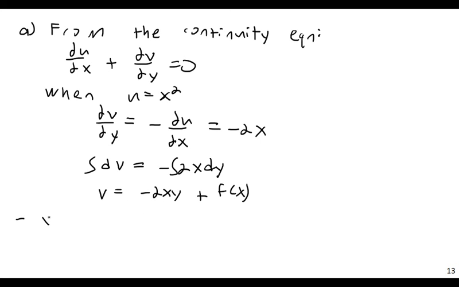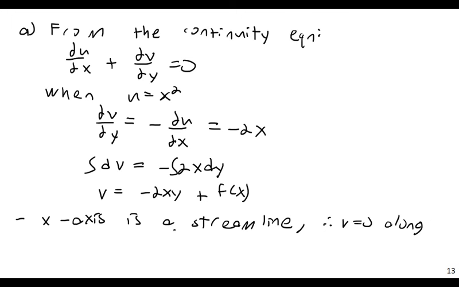But to get rid of this constant, I can say that the x-axis is a streamline. If the x-axis is a streamline, therefore v equals 0 along the axis, the y velocity here. So in other words, when I say the x-axis, what I mean is when the y-coordinate is 0, the velocity v is 0 along the axis.